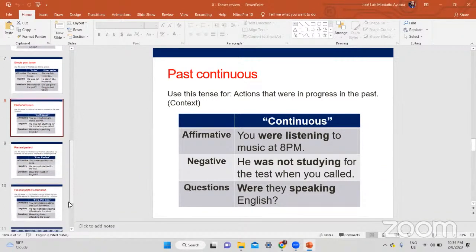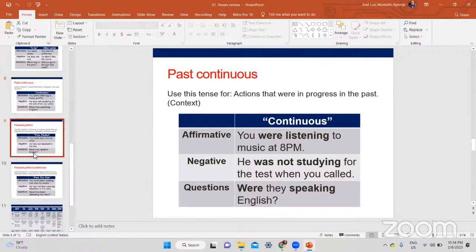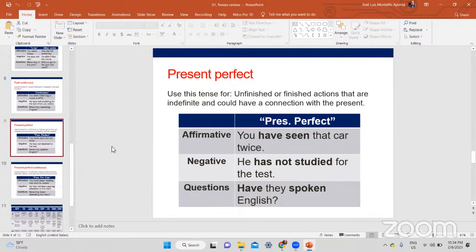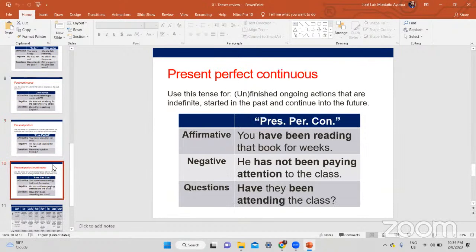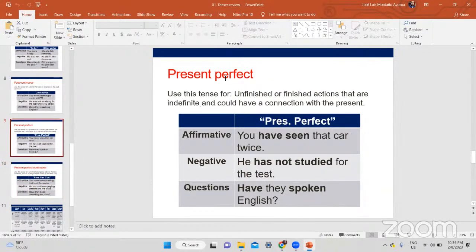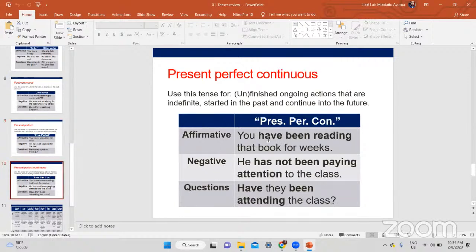Good. We only have two, and these are the last two that we covered. Remember, the present perfect and the present perfect continuous. All right. Actually, this is something we didn't practice as much, but we're going to do it not now. It is going to be tomorrow. So that you remember very well, because this is very important, and this one as well, right? Something that you have been doing lately, and it has a contact with the present.